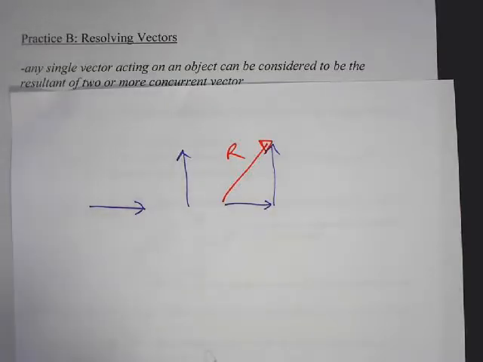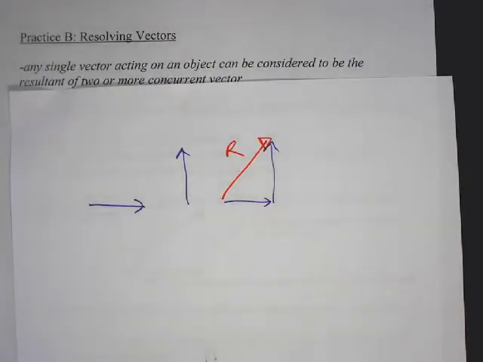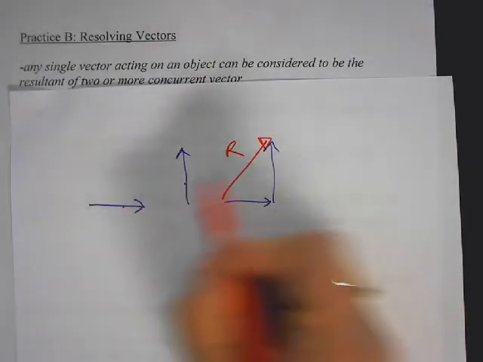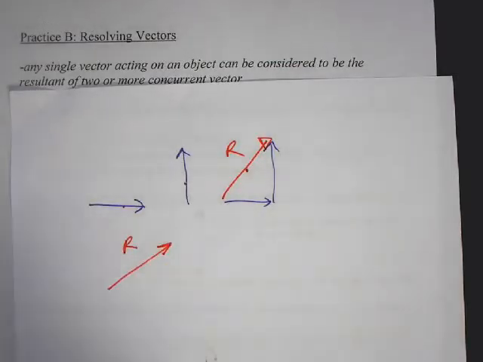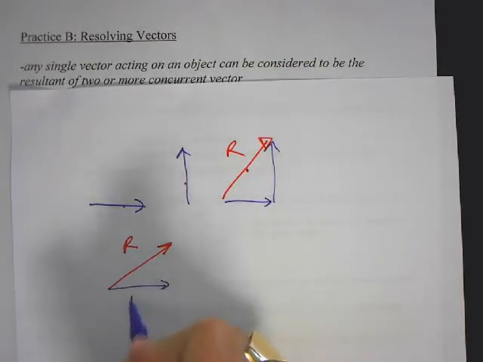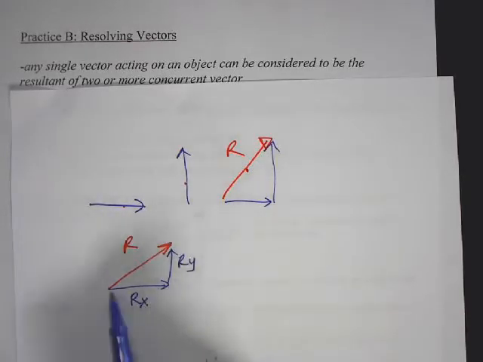So what we're going to practice in B is the opposite. Instead of having this and this add up to R, we're going to have R, and we're going to say what 2 vectors, when added together perpendicularly, one horizontal and one vertical, are equivalent to that same one. So we're just going to do the opposite for part B.